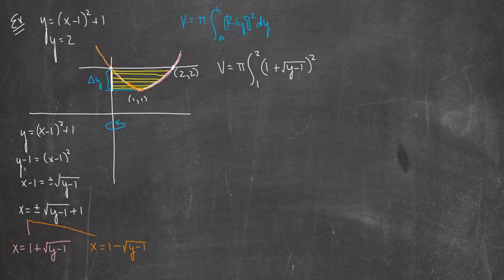And then I have to subtract out of that the brown part, the lower radius. So I'm going to subtract away 1 minus the square root of y minus 1, and that has to be squared as well because it's a radius. dy.